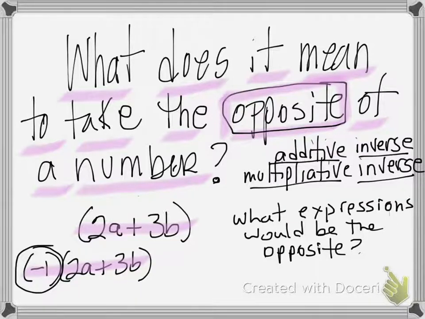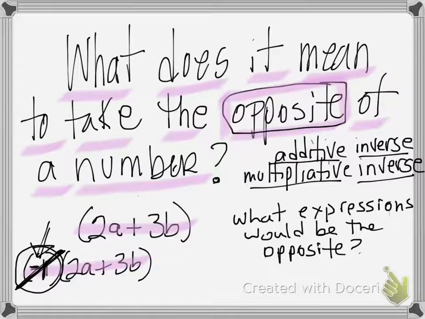Similarly, we don't usually use negative 1 in that case, because we don't usually use 1 as a multiplier in front of an expression or in front of a variable as a rule.